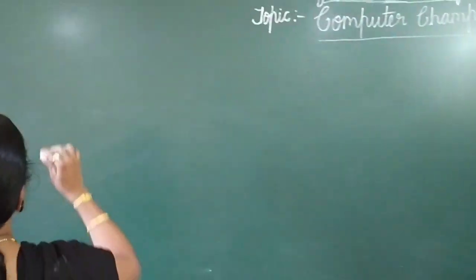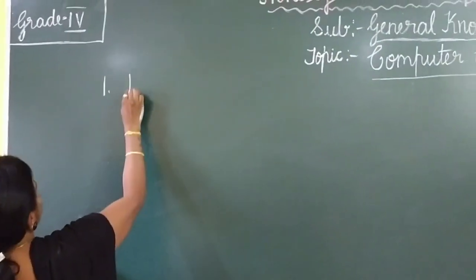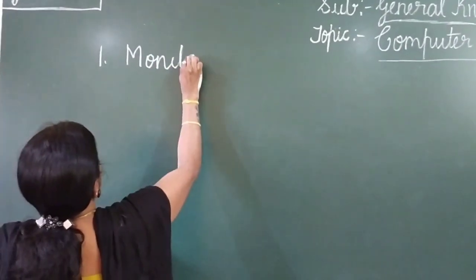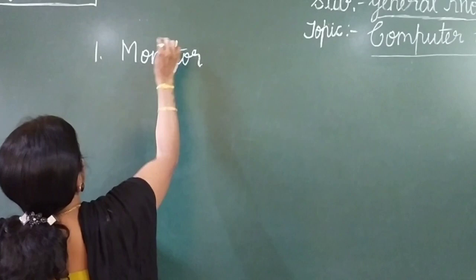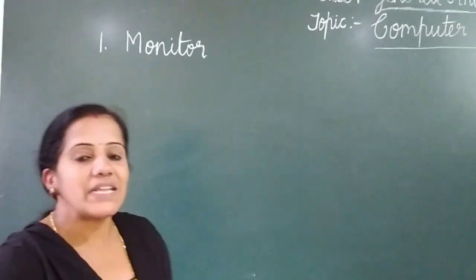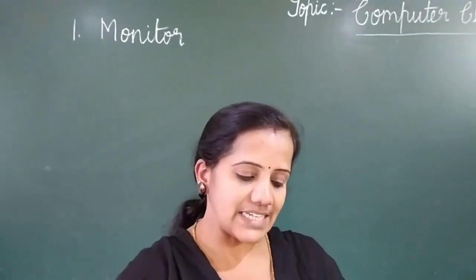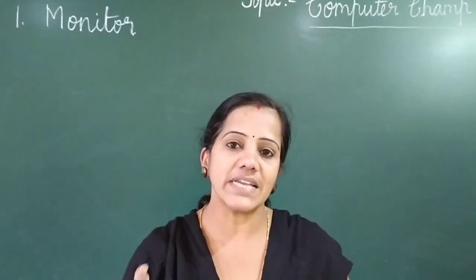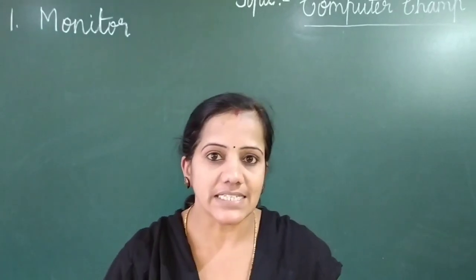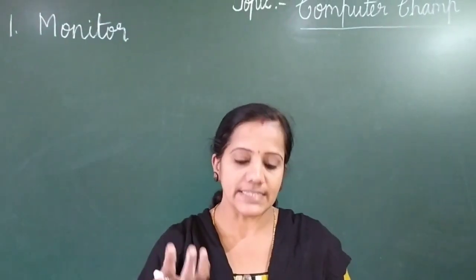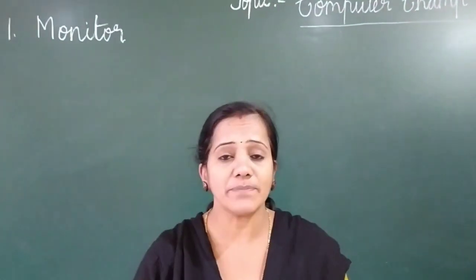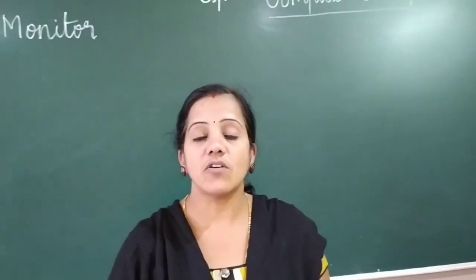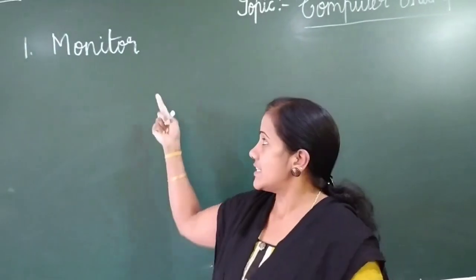So the first answer is monitor, M-O-N-I-T-O-R. A display consisting of a device that takes signals from a computer and displays them on a CRT screen. It takes signals from the computer and displays them on the screen, which we call the monitor.